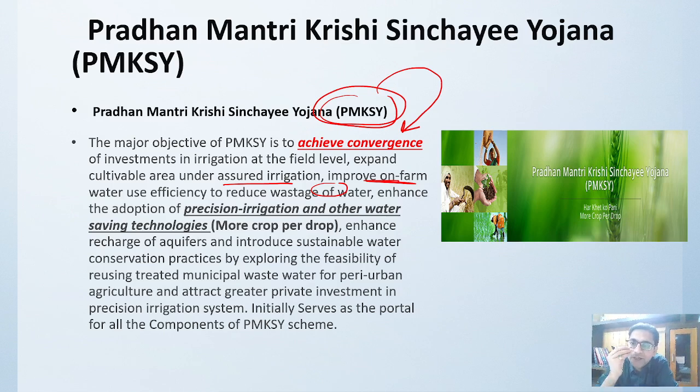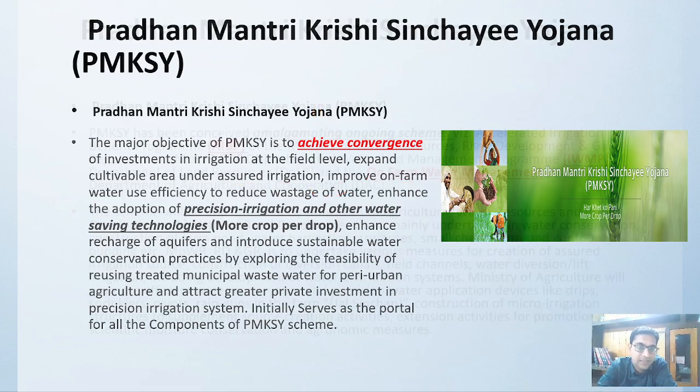That means we wanted to get more crop per drop. We wanted to properly optimize the use of water so that each and every drop can be utilized. That is why this new scheme, Pradhan Mantri Krishi Sinchai Yojana, has been launched by amalgamation of various other schemes.